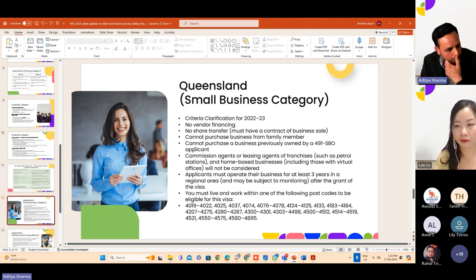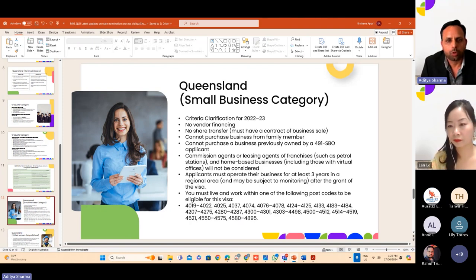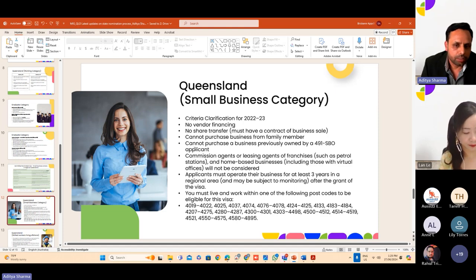Once you are nominated as a small business owner, you will have to run this business for the next 3 years while you are on the 491 visa. After that, you can apply for the 191, which is permanent residency, quite similar to the workers working in Queensland.